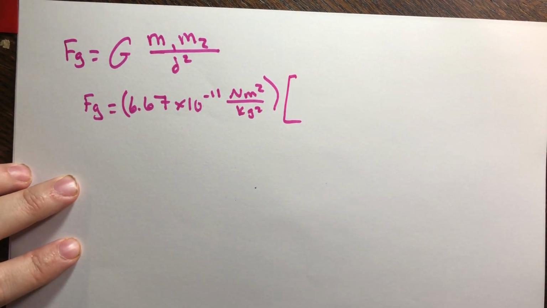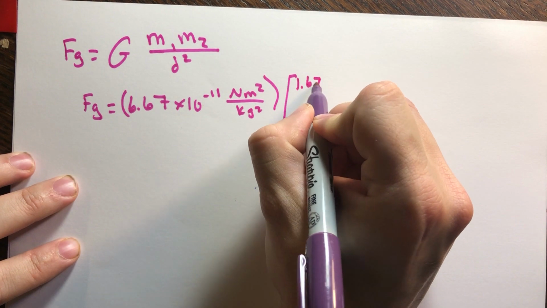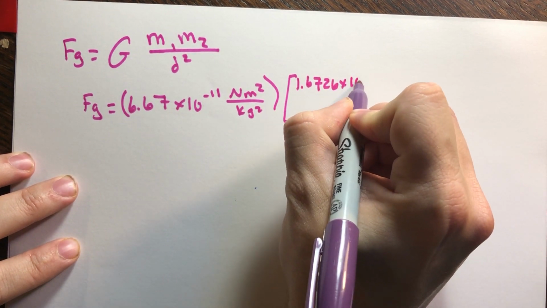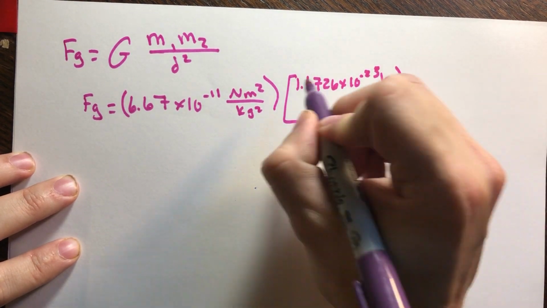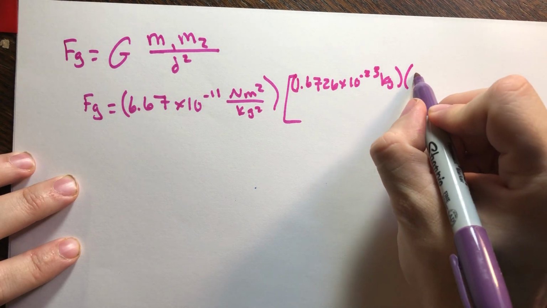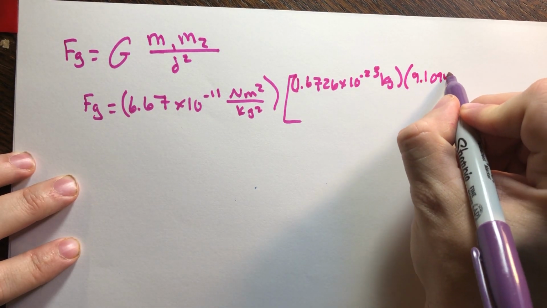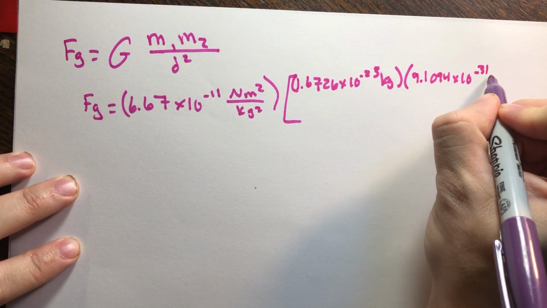Then we have the mass of the first object and the second object. The mass of the proton is 1.6726 times 10 to the negative 27th kilograms. Multiply that by the mass of an electron, which is 9.1094 times 10 to the negative 31st kilograms.